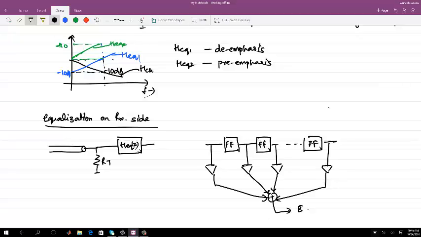This is the equalized response. This is what we started with on the transmitter side. Now, if I say that this is a received signal amplitude, what is the difference you see between this and when you implement it on the transmitter side?